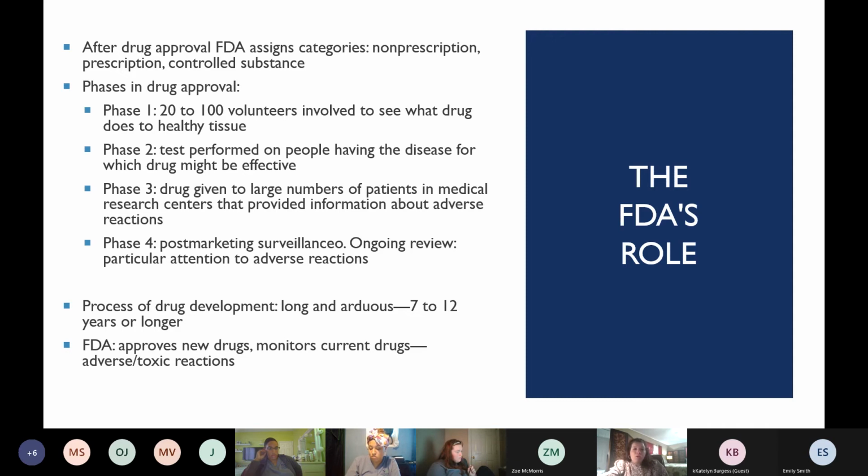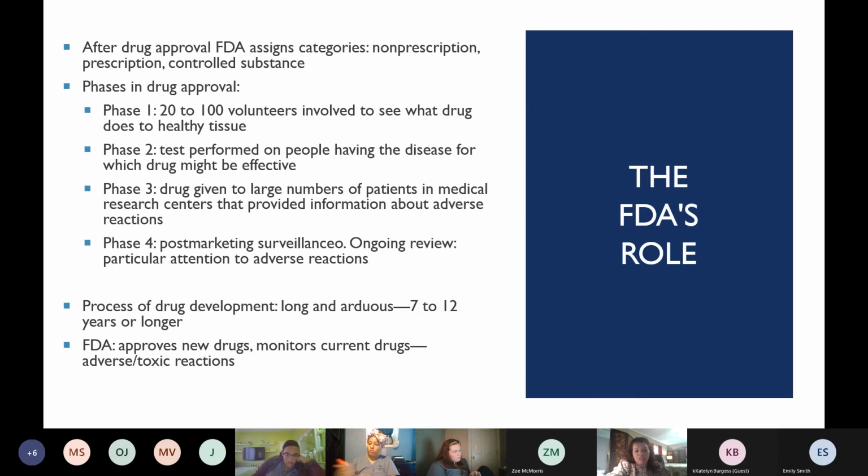So under normal circumstances, in phase 1 of drug approval, you're going to have 20 to 100 volunteers, and they're going to see what the drug does to healthy tissue. So they're going to give the drug to healthy people and see what happens. Okay. Then in phase 2, they are going to give it to people who have the disease for which it might be effective.